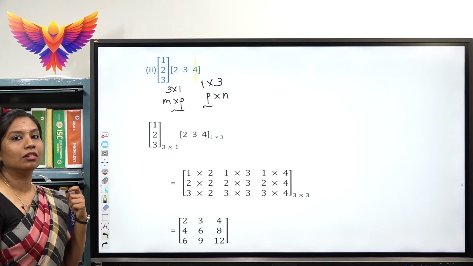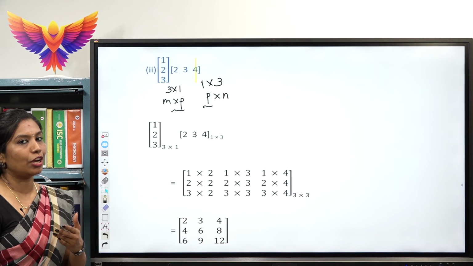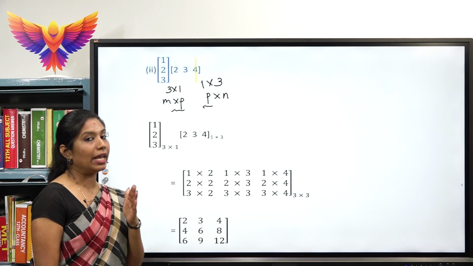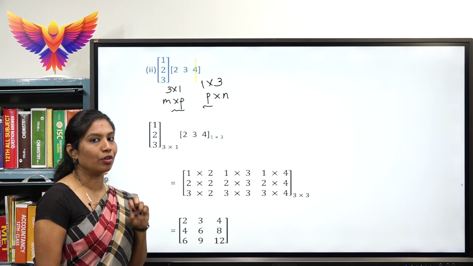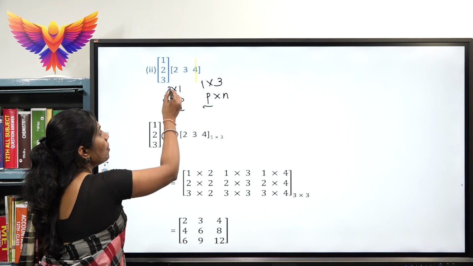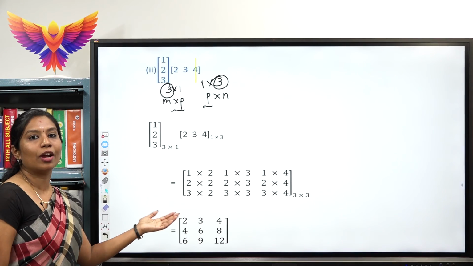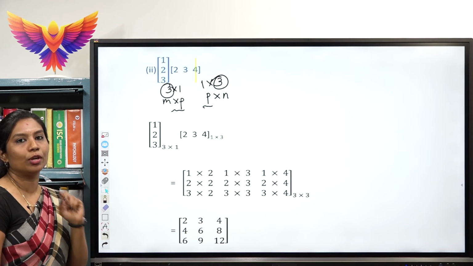I should get A11, A12, A13, A21, A22, A23, A31, A32, A33. All these elements is what we are supposed to get. So, final matrix that we have to get is M cross N. Okay. So, this is the required matrix what we are supposed to get. We will see how it works now.